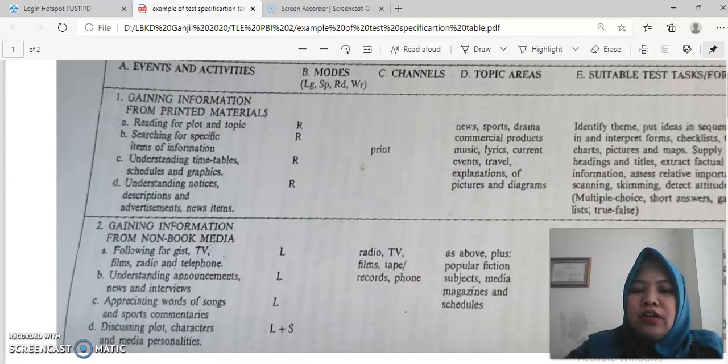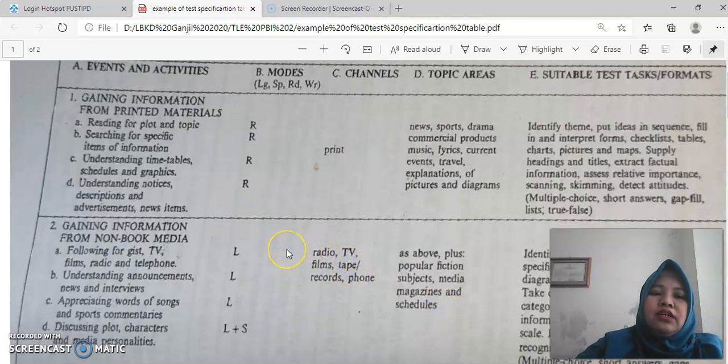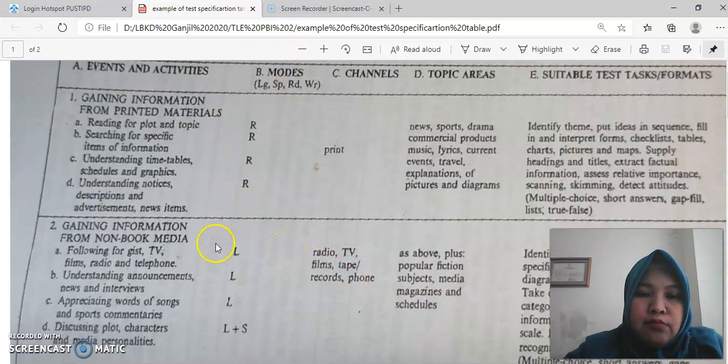Okay, now we go on to the next example. Here you can see the modes, three aspects and one aspect for the combination of listening. So here you can see that you can test your students to assess a combination of skills, not only a single mode or one skill only.